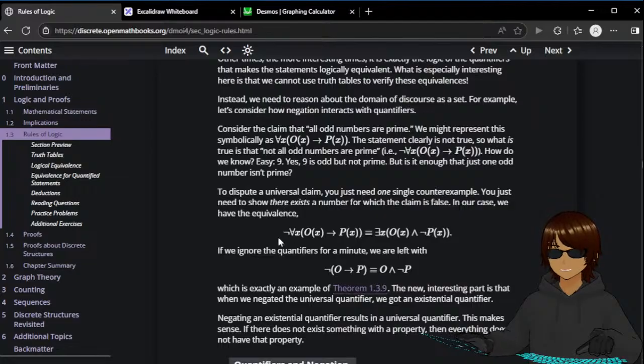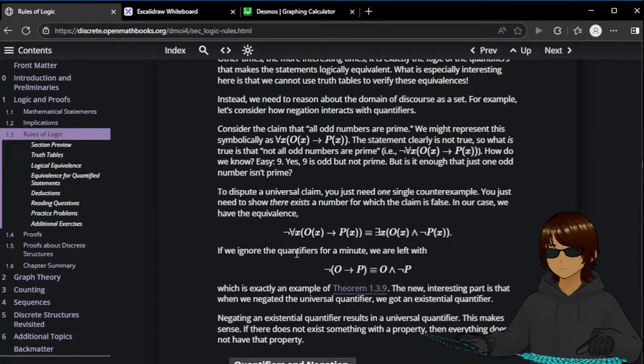So if we want to dispute for all x, all odd numbers are prime, that is, for all x, if x is odd, then x is prime, we need one single counterexample. We need to show that there exists an x which is odd and not prime.